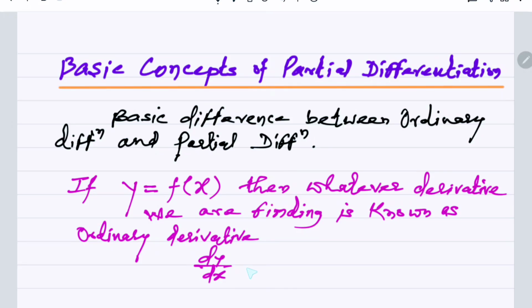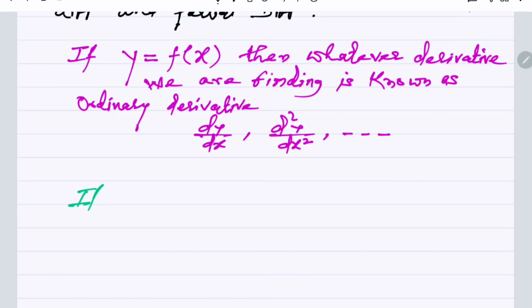Second type is when we have a function of two or more than two independent variables, like z as function of x and y.